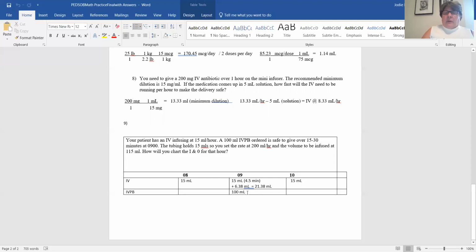You'll have the 100 mils run in from the IV piggyback, and then you'll have the remainder of the time, which is going to be 25.5 minutes once we figure it out, for it to revert back to that 15 mils.